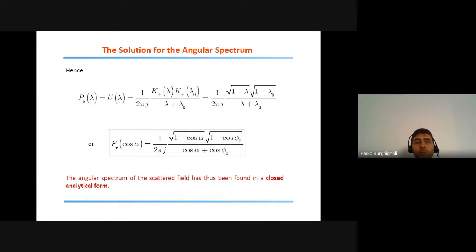So what we have shown is how to solve the Sommerfeld problem in terms of a spectral representation of the field, that is, in terms of an angular spectrum. And to find an explicit expression for the angular spectrum, we have written down dual integral equations. We have reduced those dual integral equations to a functional equation by employing complex integration techniques.